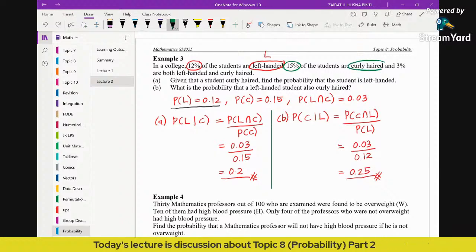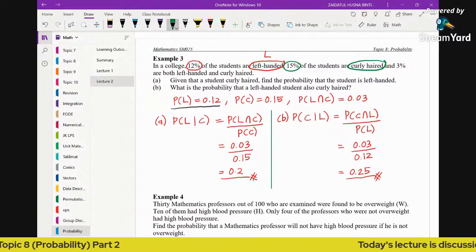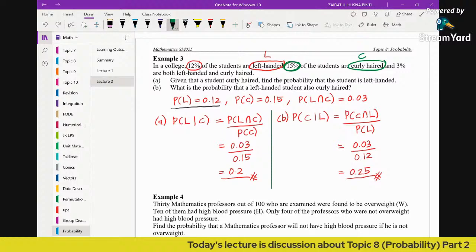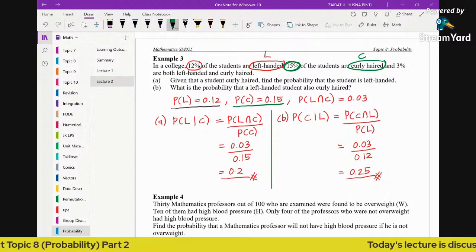We declare the event of getting a curly head student as C. 15 divided by 100 gives you 0.15, so the probability of C equals 0.15.